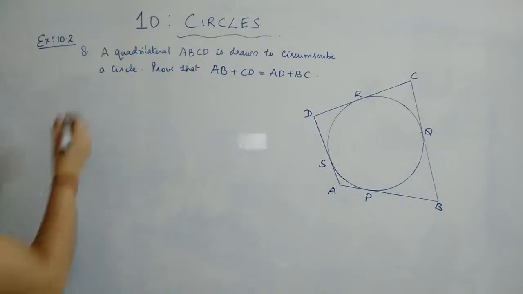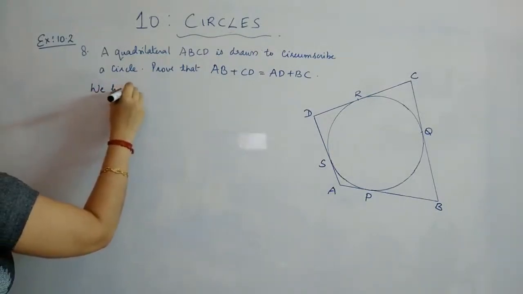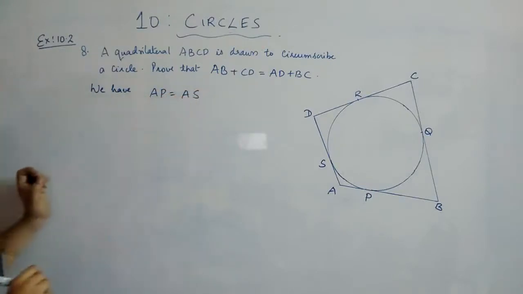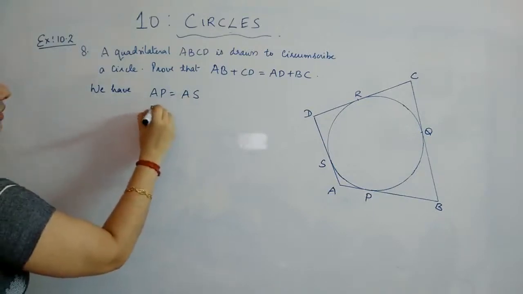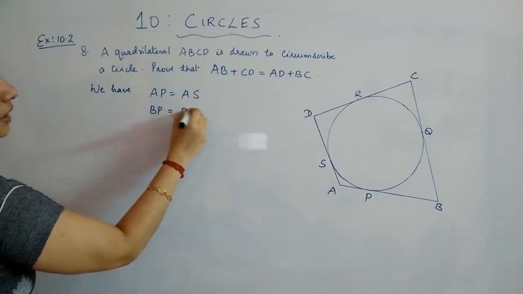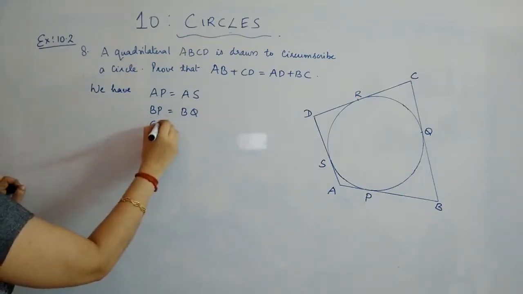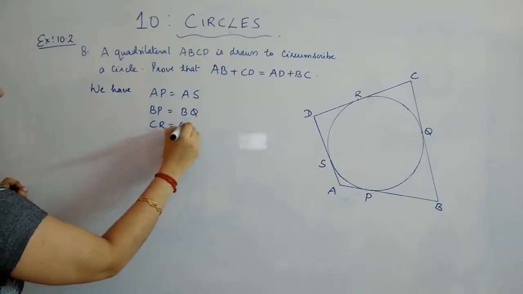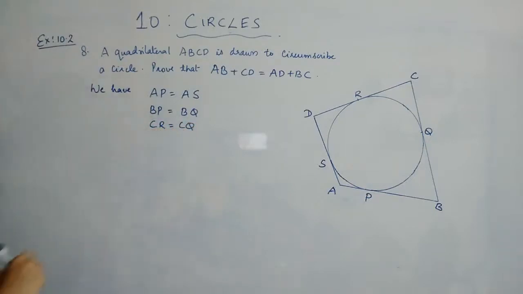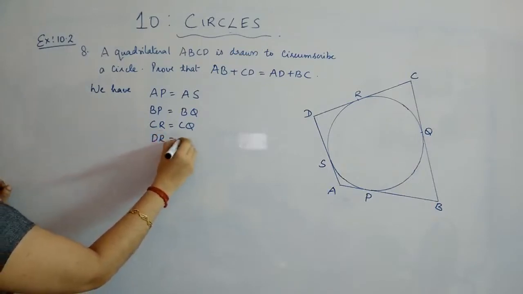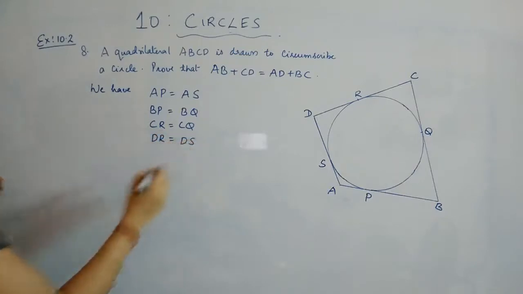Okay. So we have AP is equal to AS. Then BP is equal to BQ. Then CR is equal to CQ. Then DR is equal to DS. These are all concepts we have.